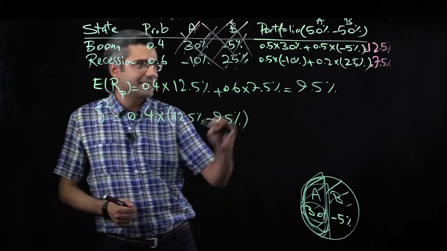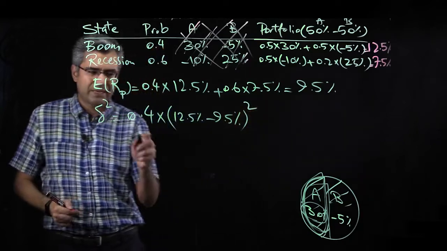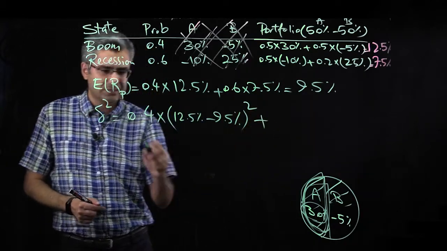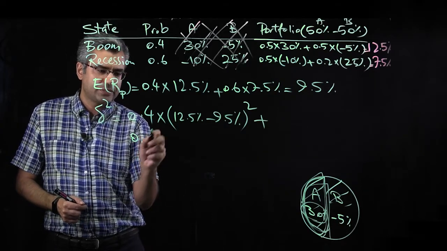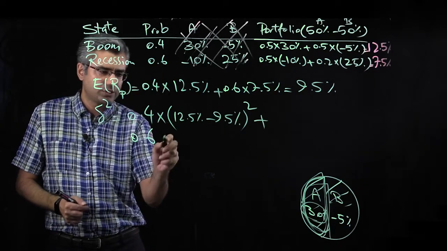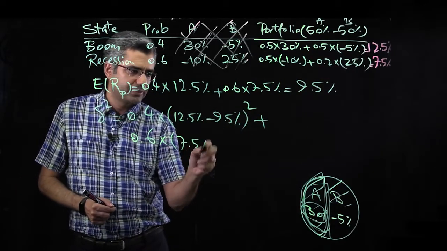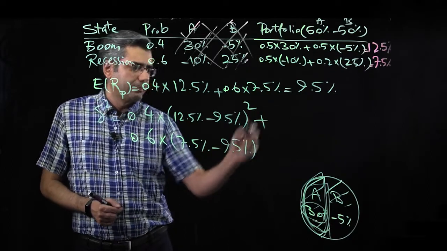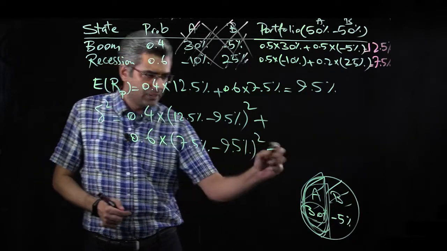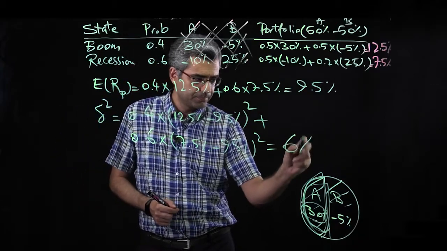So the distance between each one and the mean, to the power of 2 because we don't want to have a negative sign because this is a distance. Then plus the chance of having a recession multiplied by 7.5% minus the mean, to the power of 2. And if you do the calculation, it will be 6%.